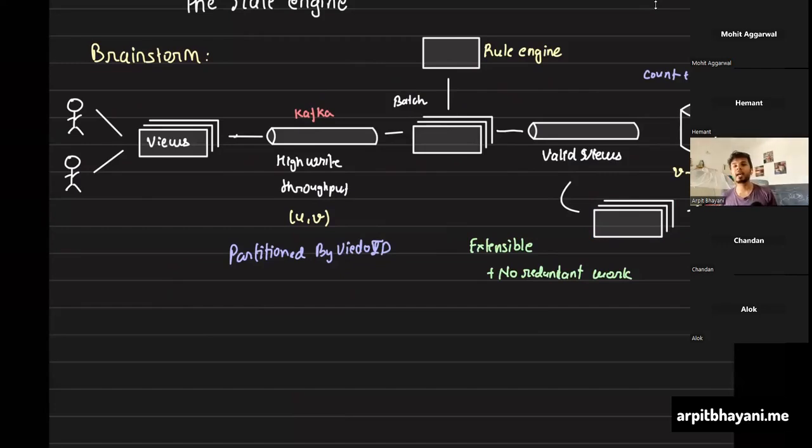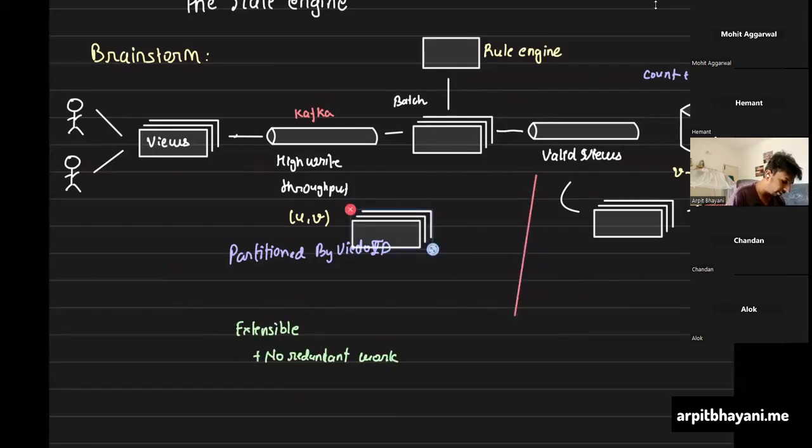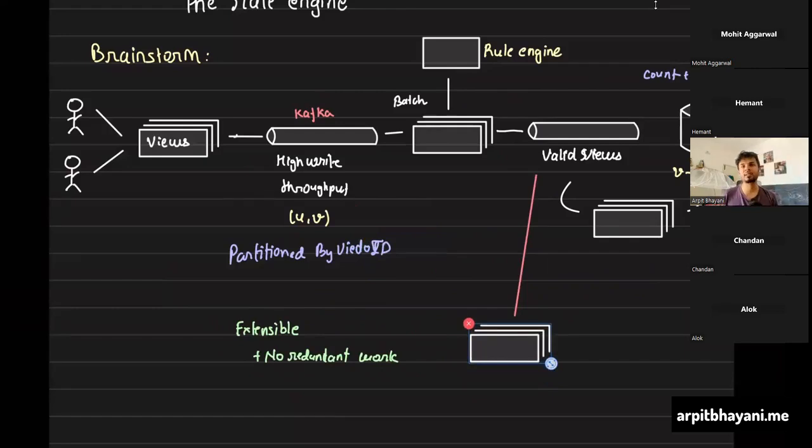And this way, whichever system now wants filtered views, a lot of the hard work is already done. So another system can easily start consuming from this side. Let's say your analytics system, your search system, your payment system, because payment is a very important thing, right?